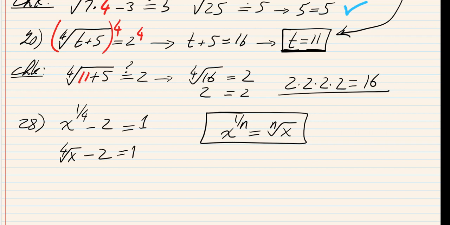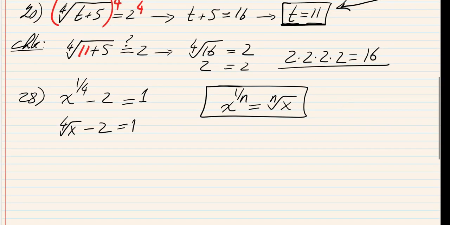Minus 2 is 1. Now, I could raise both sides to the 4th power, right? But we always solve for the radical first before we do it, because otherwise you're not going to do this most likely correctly. Just to show you real quick what I mean, there you go. There's nothing wrong with this. I can raise both sides to the 4th power at any time, but it's easier to isolate the radical first, then raise it to a power.